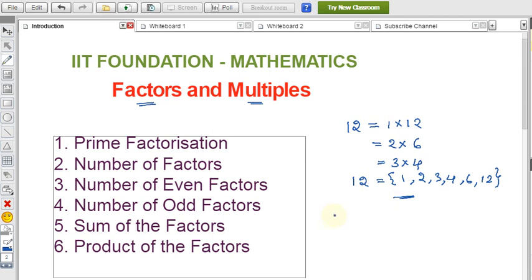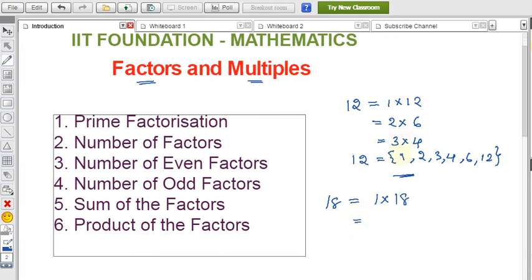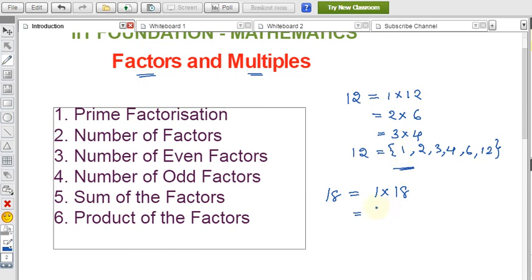If you take any other number, say 18, I can write 18 as a product of two numbers in different ways. 1 and 18, because the number 1 and itself are factors of any number. Then 2 into 9, it is divisible by 3, 3 into 6, this much only.